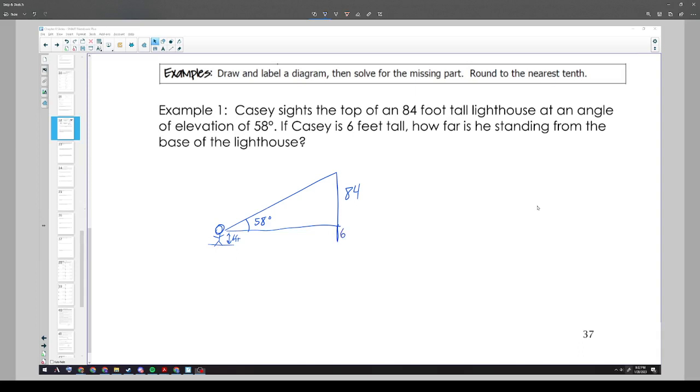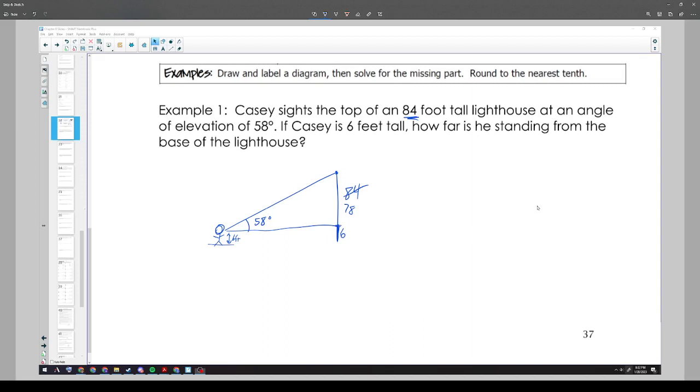We have 6 feet down here, and up here we have 78 feet. So in our triangle, when we're doing our calculations, we're using this 78, not the 84, because we're looking at how far above his eye level does the lighthouse go. But in the problem, they gave us how far it is from the ground. When we say 84 foot tall, we mean from level ground.